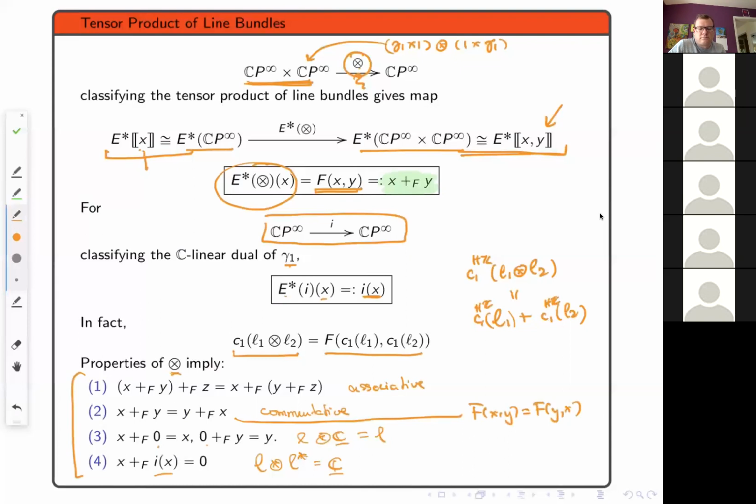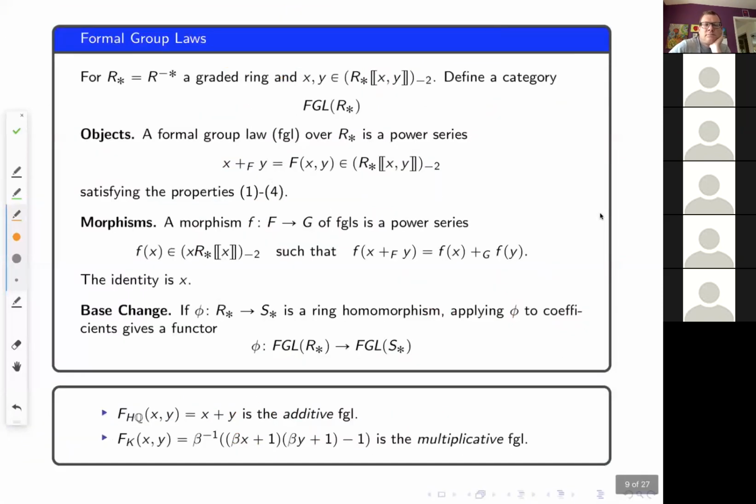All right, so now we've got objects that have properties. Let's put them in a category. So let's look at the category of formal group laws. Now I'm going to swap from cohomological to homological grading. Remember, X was in E2 of CP infinity, okay?